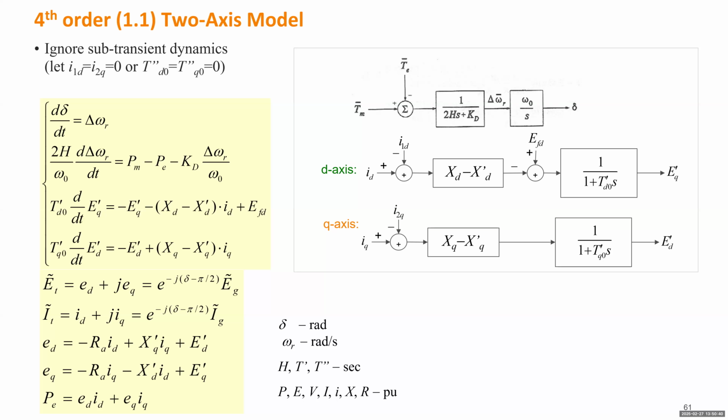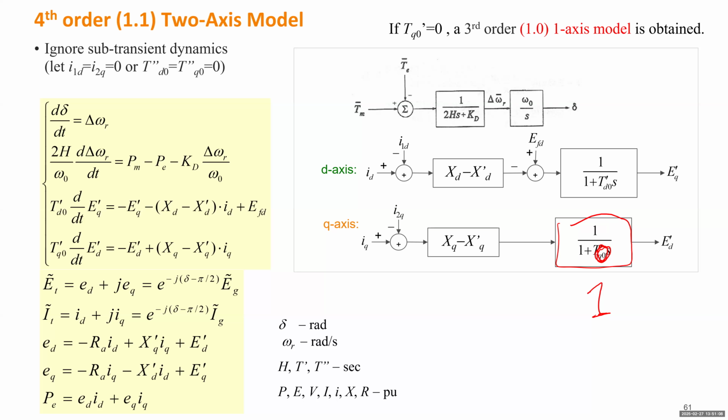So if you further get rid of the second differential equation on the flux linkage, you will have the 1.0 model. Which means here you just make this item be 0, so this entire box becomes just 1. Okay. So the second block diagram will basically become an algebraic equation.